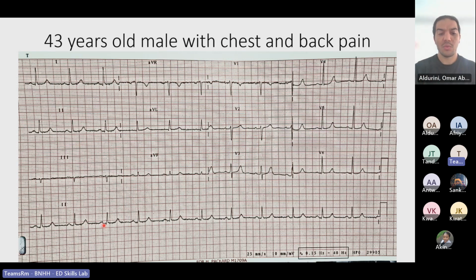We will look for all the waves. Are all the waves present or not? P wave, R wave, T wave, P, R, T, and it's all present and at very good, constant intervals to each other. So we've passed the second point, which is the waves.